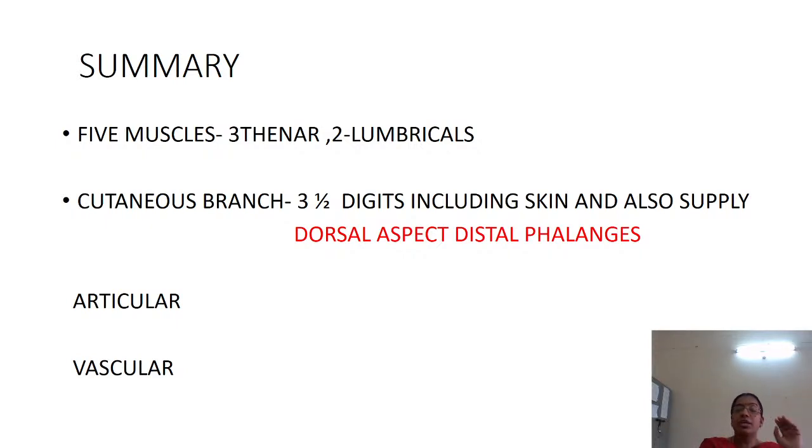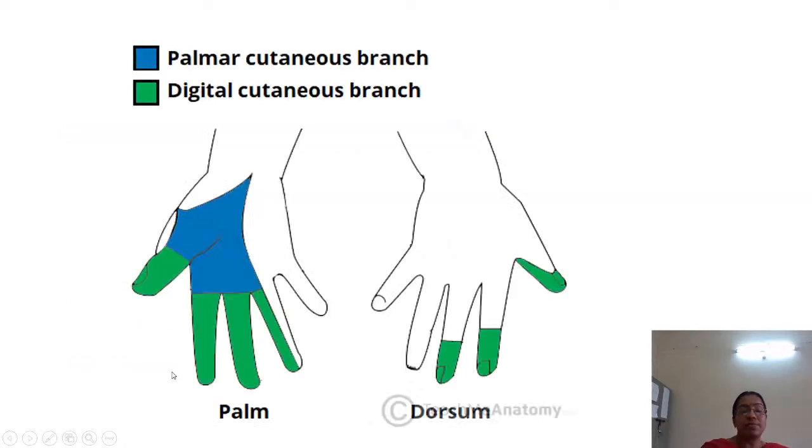The median nerve cutaneous supply is present up to the distal phalanges. The median nerve also gives nerve supply to the joints and to the vessels, called articular and vascular branches. You can see the 3.5 digit sensory, cutaneous distribution on the palmar and dorsal side; the distal phalanges are supplied.